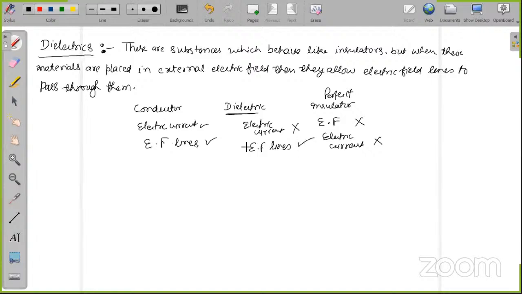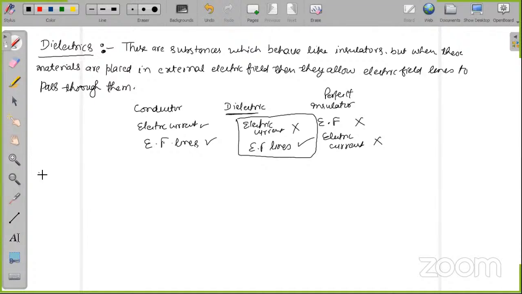So it is some kind of intermediate stage. It allows field lines to pass through it, but it does not allow electric current to pass through it. In this manner, it is different from a conductor as well as a perfect insulator.